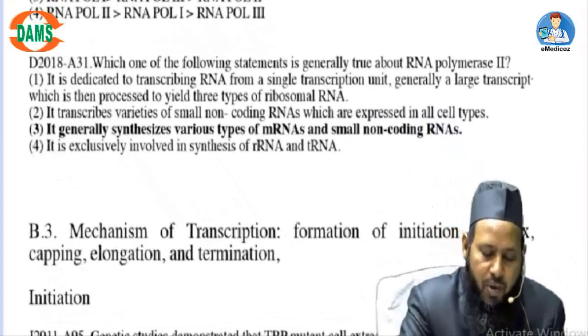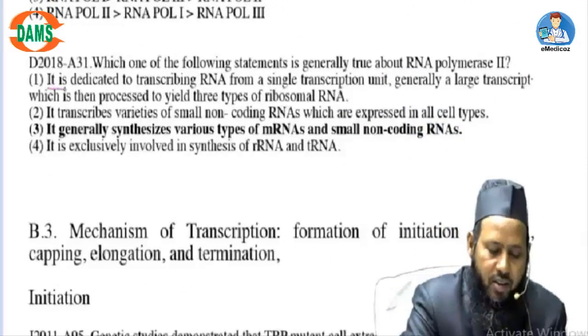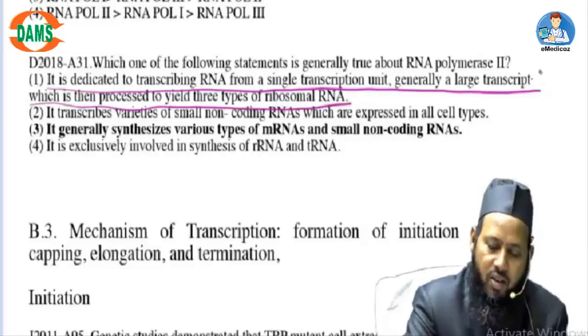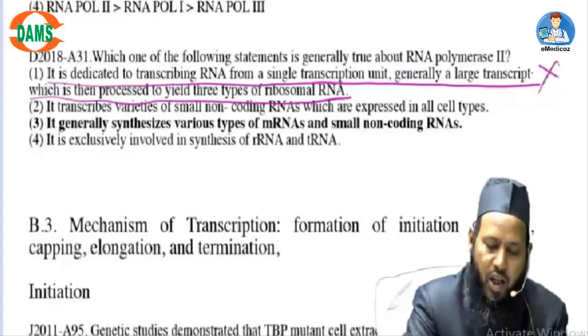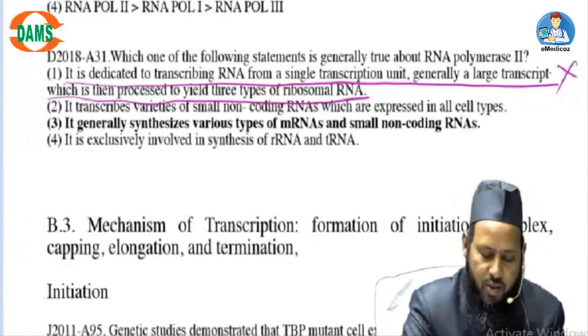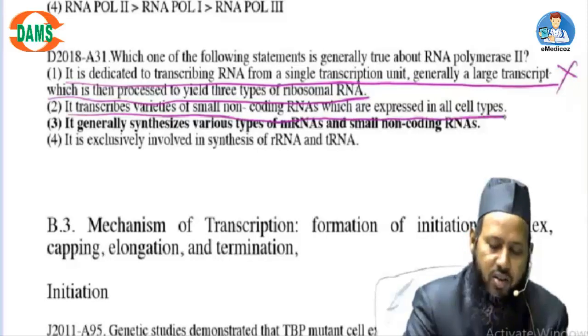Which of the following statements is generally true about RNA polymerase 2? It is dedicated to transcribing RNA from a single transcription unit, generally a large transcript, which is then processed to yield 3 types of ribosomal RNA. That's wrong, because RNA polymerase 2 has nothing to do with ribosomal RNA. It transcribes varieties of small non-coding RNAs which are expressed in all cell types.